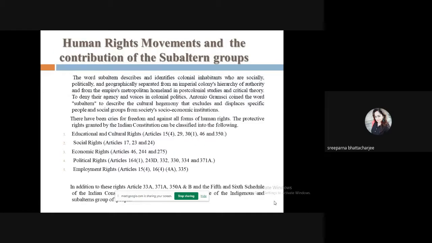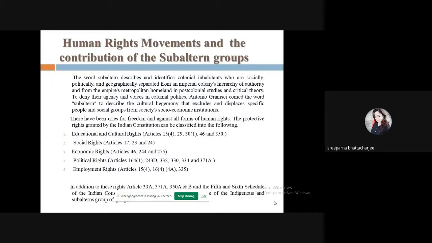So now we have come directly to our point, that is human rights movements and the contribution of the subaltern groups. As I have already told you, when we talk about human rights movements in the Indian context, it is slightly different because of the nature of the social structure or social setup that we have. And we know that it is a land where so many subaltern groups reside.